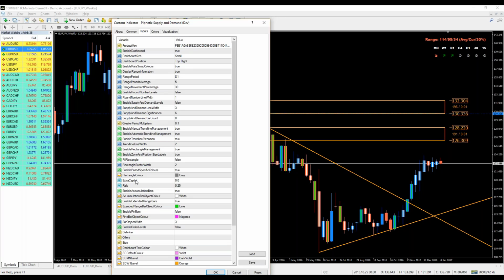You can see just here there is something called a risk. Currently on this account I am risking 0.25%. So the indicator will read this value, look at the size of the area of supply, and say, okay, based on the size of your stop, which is 191 pips, if you're risking 0.25%, you can open a position with the volume of 1 microlot.